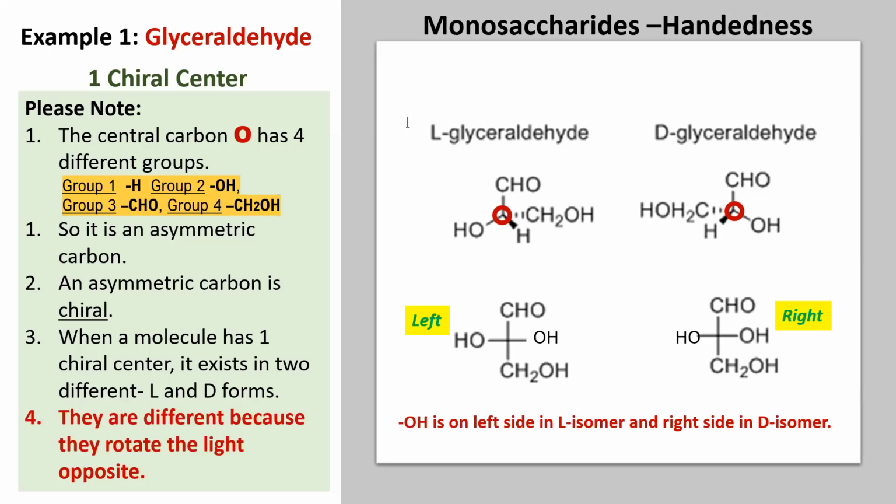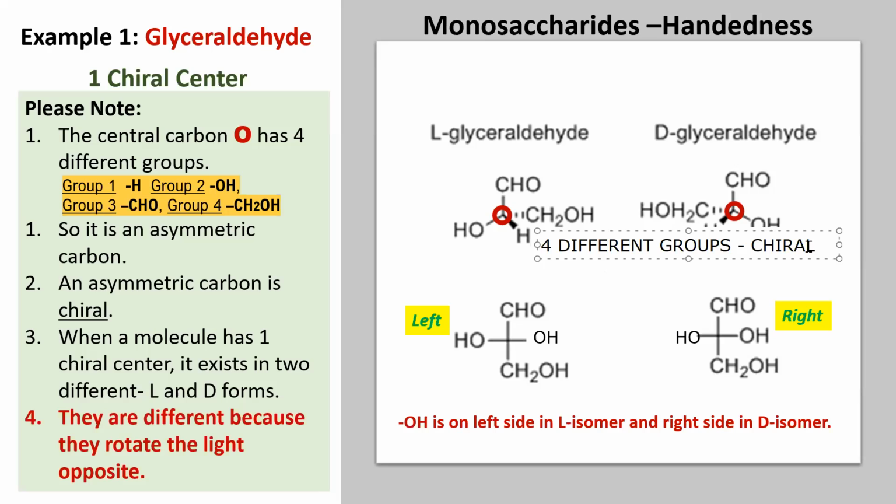I'm going to write this here just for now. So what I'm writing is 4 different groups is chiral. We are not going to stretch our mind too much and start thinking how we are doing this.